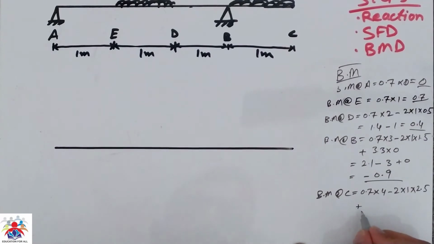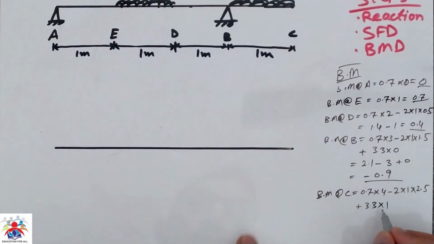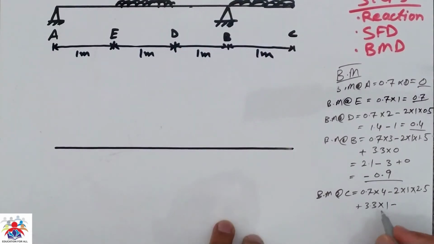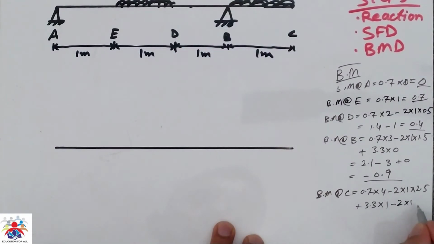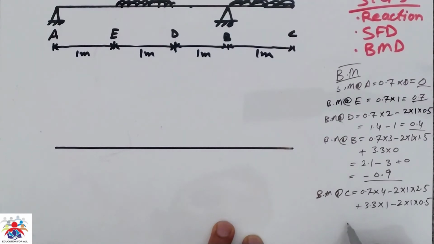Then we have one load at point B, 3.3 multiplied by 1 because B to C is 1 meter. And then we have another load, UDL, the last one, which is 2 multiplied by 1 multiplied by 0.5. UDL acts at its mid span.